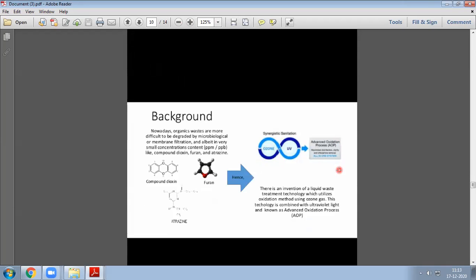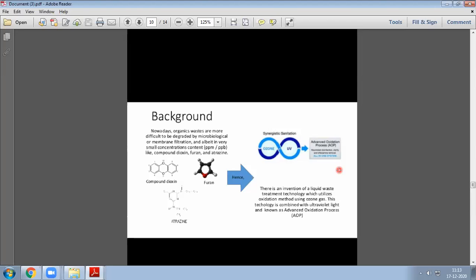This is a very new technology they are adopting, because if you see the syllabus, after phosphorus removal you have this topic, called advanced oxidation process. This is like an emerging technology, and they have given it to you to study because it's completely new syllabus for you.